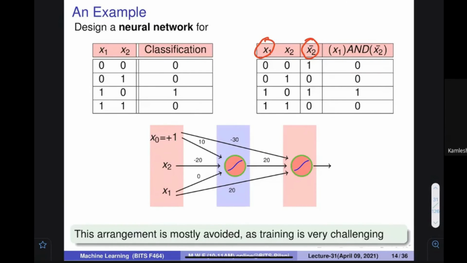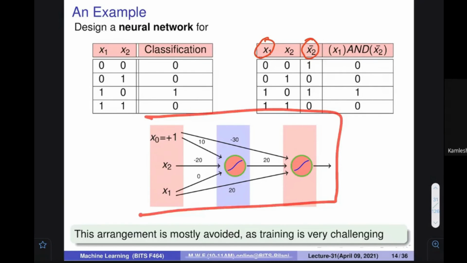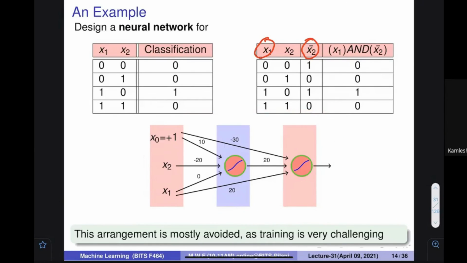Any problem? So with this arrangement, you can think that we can use multiple layers, and whatever thing we wanted to get, we can prepare that. But one very important thing that I wanted to tell you is that this arrangement is mostly avoided, because of finding the right parameters. Here we know the parameters, so we have built it.